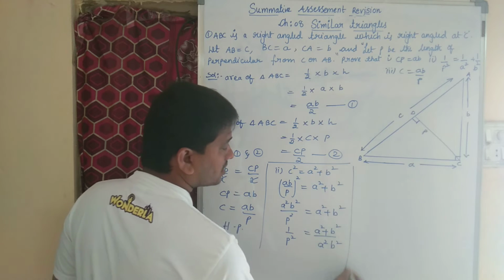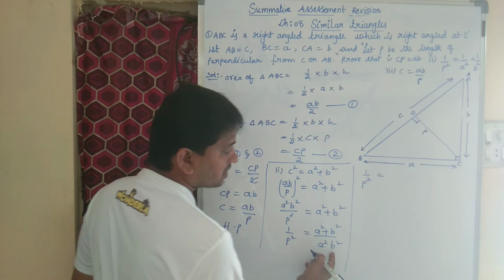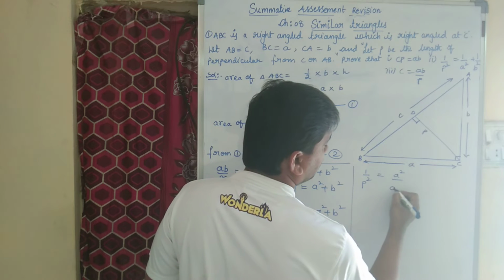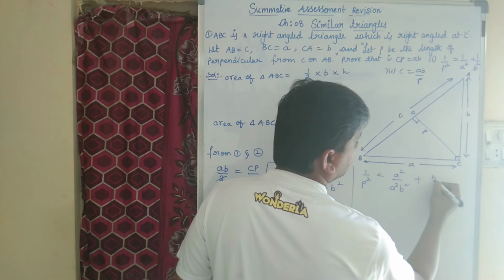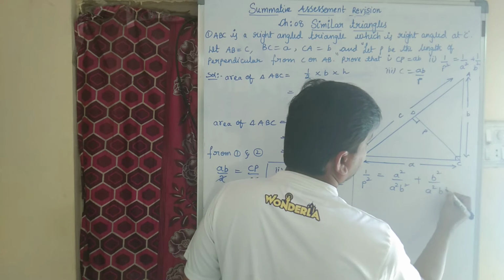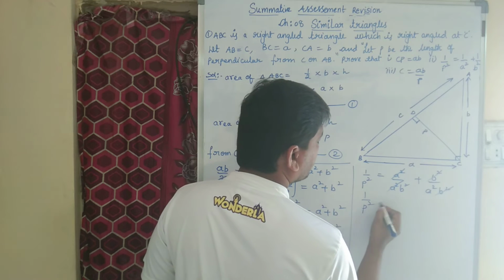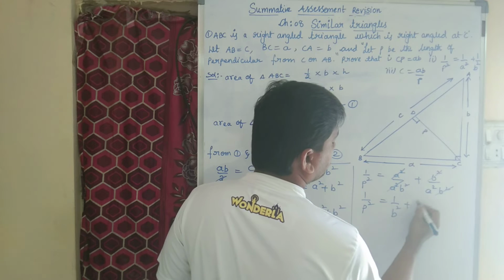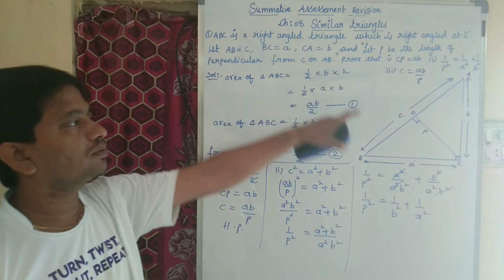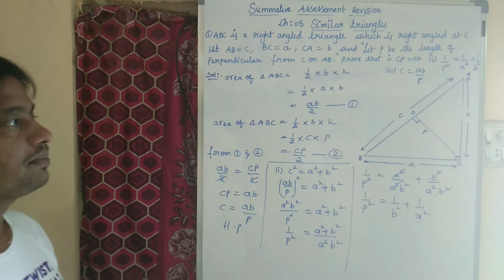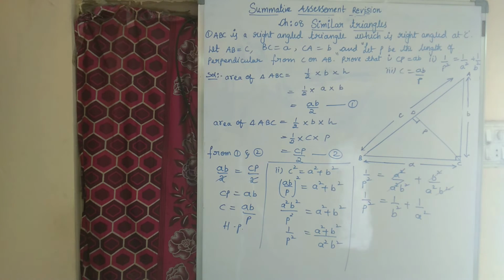Now this I can write as A square by A square B square plus B square by A square B square. As A square cancels and B square cancels, 1 by P square equal to 1 by B square plus 1 by A square. Yes, of course, they are asking to prove 1 by P square equal to 1 by A square plus 1 by B square, which is one of the most important 8-mark questions from chapter number 8.